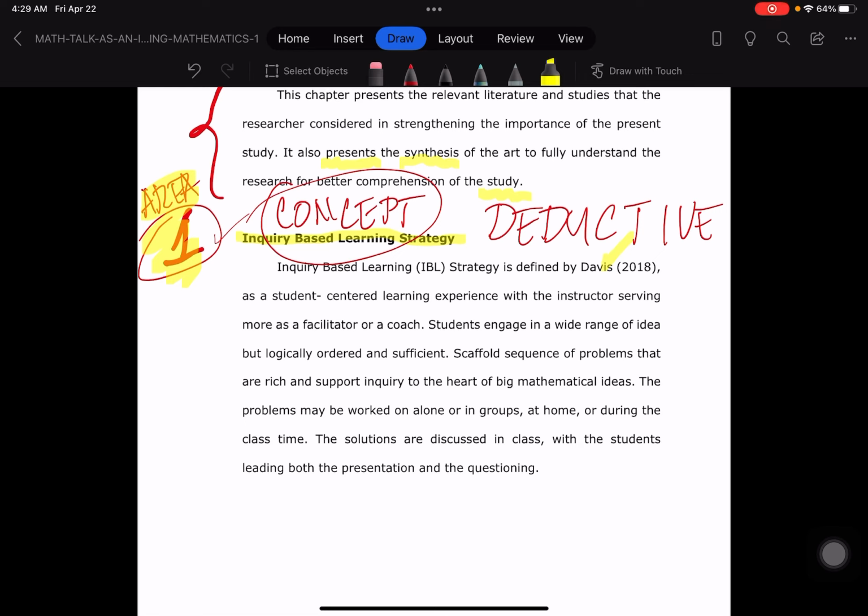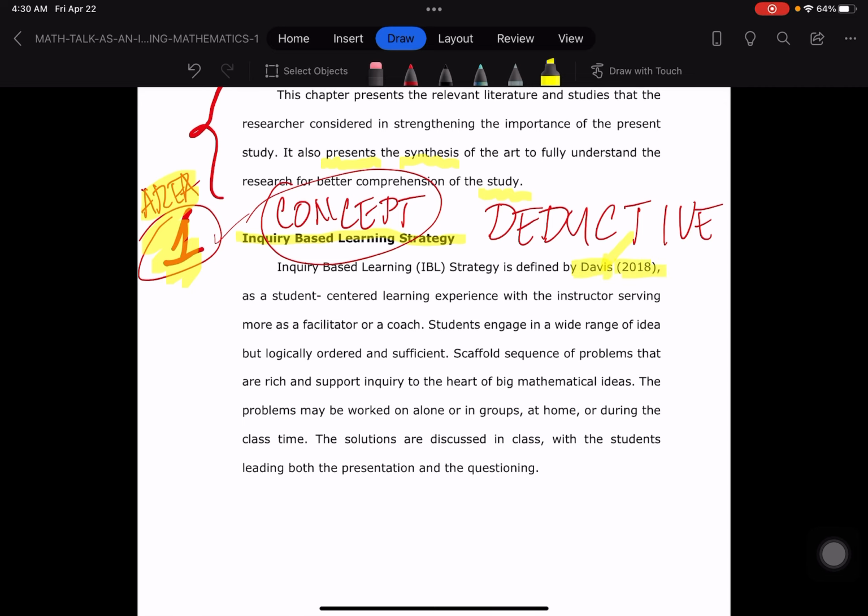So this is the concept that the researcher will use in order to support the strategy that the researcher is using in their study. So their concept is inquiry-based learning. So they started with the concept. So what is inquiry-based learning? And this is done by citing it from this particular author, Davis, 2018, and so on and so forth.